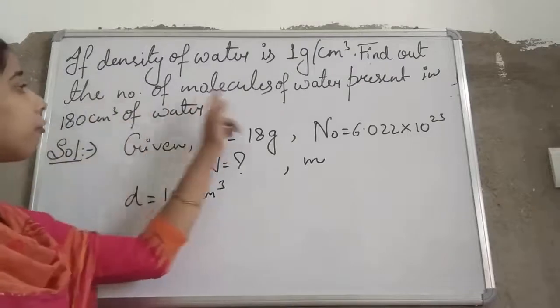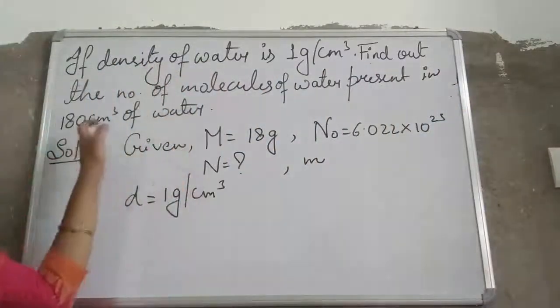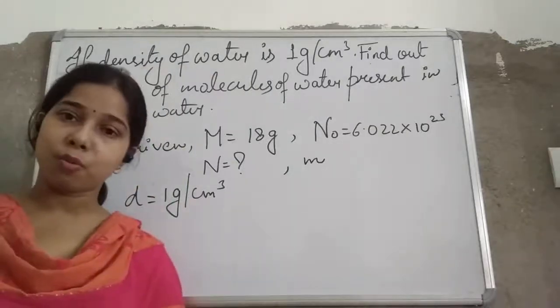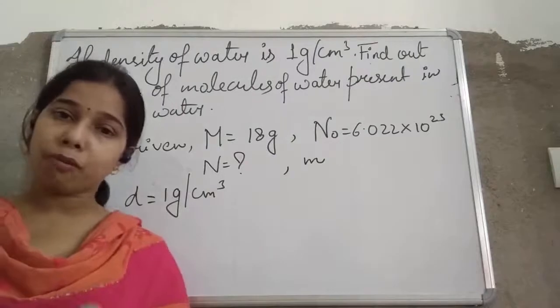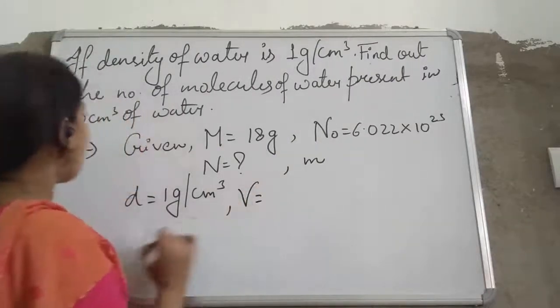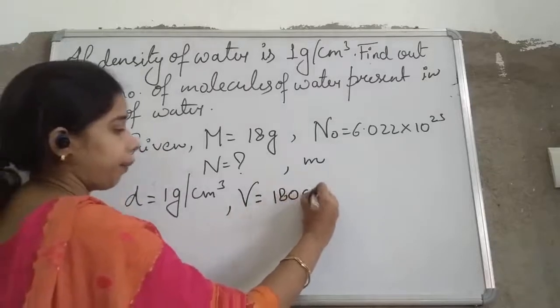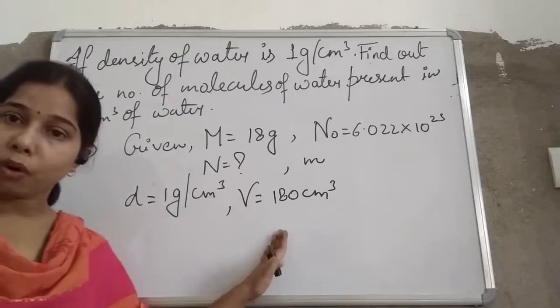Find out the number of molecules of water present in 180 centimeter cube of water. So this 180 centimeter cube of water is what, students? It is actually the volume of the water. Density is given, volume is given.